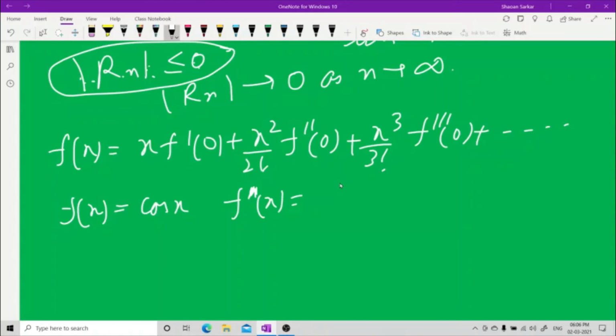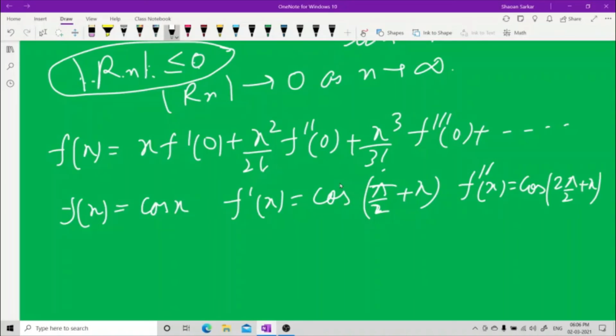I just told you it is cos(pi by 2 plus x), right? What is f''(x)? Sorry, this is single dash, and this is now double dash. The second derivative is cos(2 pi by 2 plus x). Now f'''(x) is cos(3 pi by 2 plus x).